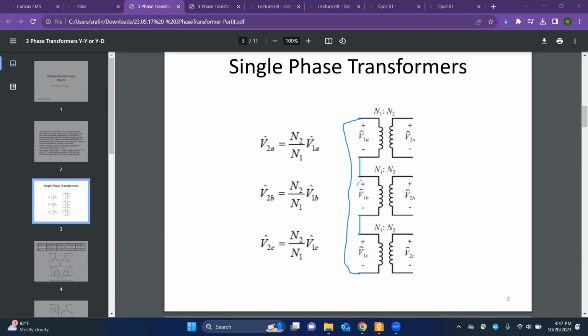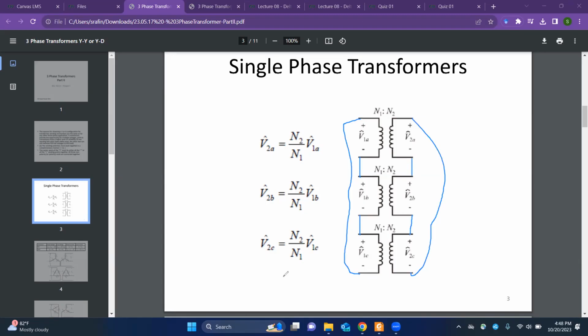So that will make a delta connection on the primary side. We'll have to do the same if we want a delta connection on the secondary. We need to connect these two and these two and that two. So on the primary and secondary, with this arrangement we have delta connection.